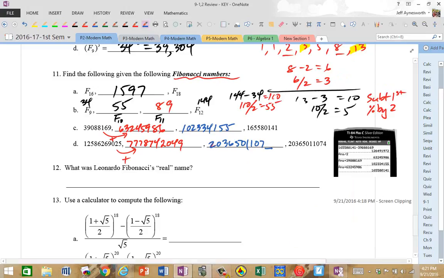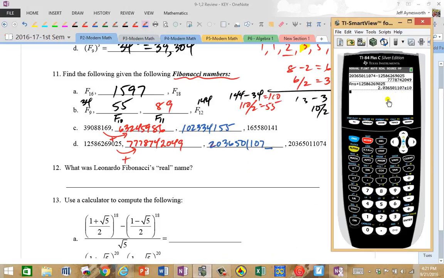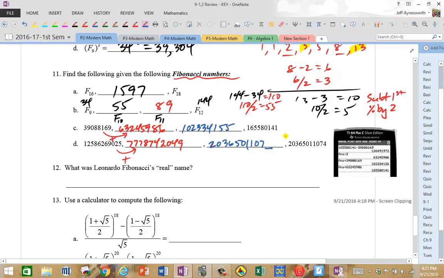The reason why I say something is because I don't know the last digit. I'd actually have to add these by hand, so the last digit has to end in a 4, I think. Yeah, 5 and 4. Ends in a 4. Something must be wrong though, because that can't be right. I'll have to double check this one later.